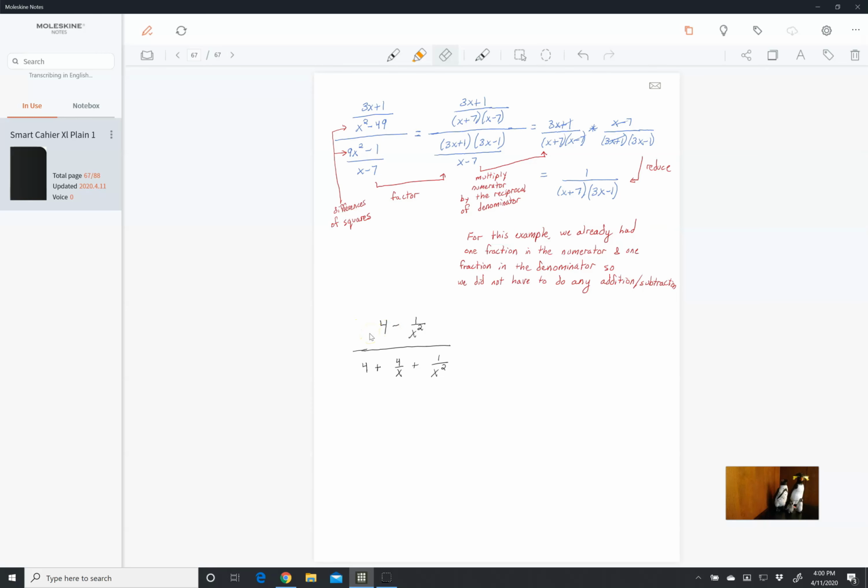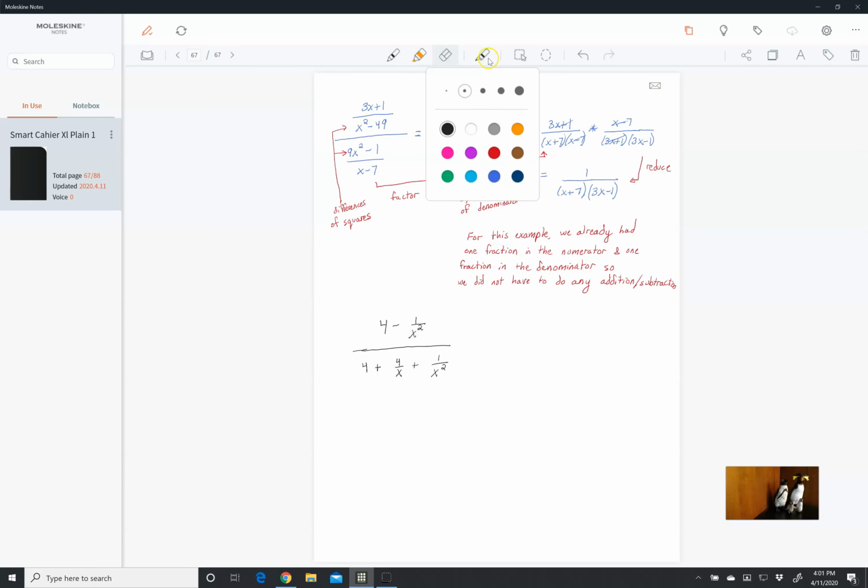Okay. So we're going to do the same thing. We have to combine the fractions in the numerator and combine the fractions in the denominator so that we have one fraction on top and one fraction on bottom. Okay, so in order to do this, we need a common denominator.